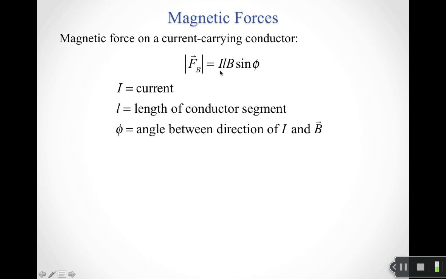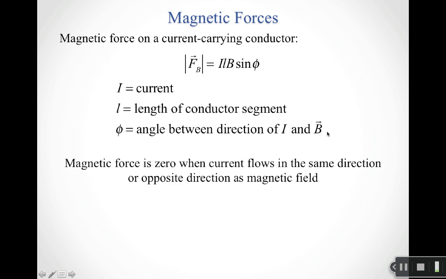So the magnitude of that force is given by, again, the amount of the current, the length of the conductor in the magnetic field, the magnetic field strength, and then our sine phi term, where phi is now the angle between the direction of the current flow and the magnetic field.